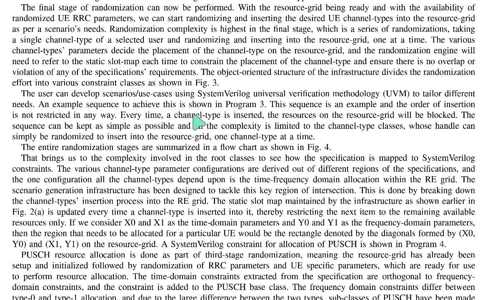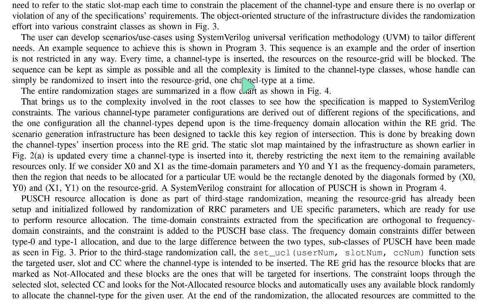Every time a channel type is inserted, the resources of the resource grid will be blocked. The sequence can be kept as simple as possible, and all the complexity is limited to the channel type classes, whose handle can simply be randomized to insert into a resource grid one channel type at a time. So the entire randomization stage is summarized in a flow chart as shown in figure 4.